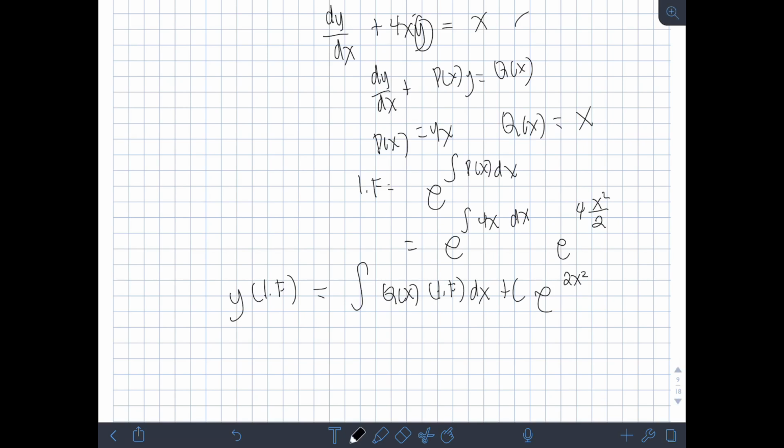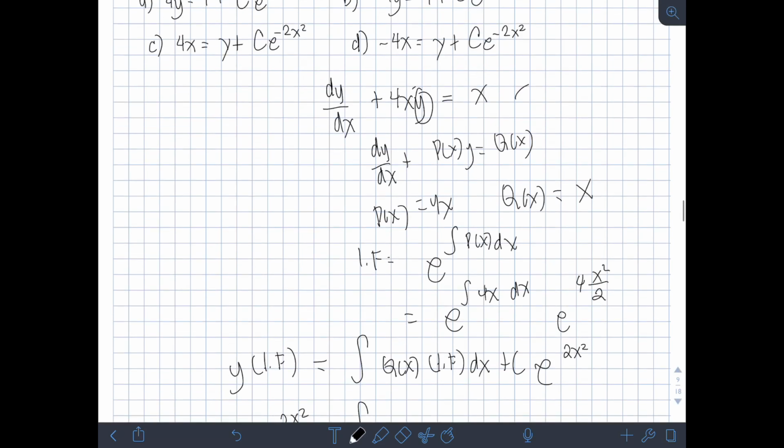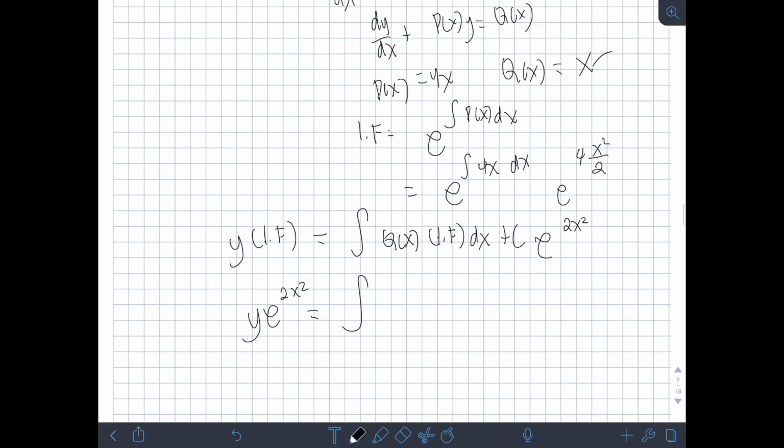Okay, so our integrating factor is e raised to 2x squared multiplied by y equals the integral of q of x, which is x, times the integrating factor e raised to 2x squared, then dx plus c.